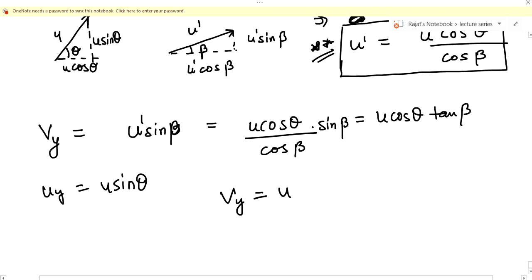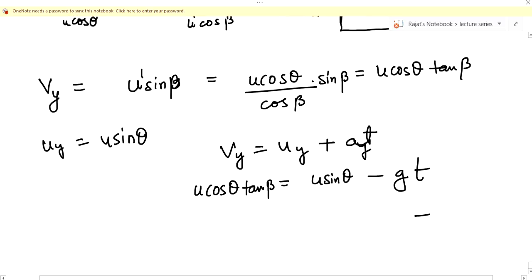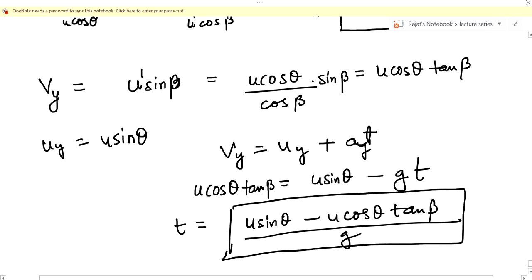Vy is equal to Uy plus Ay t. So u cos theta tan beta is equal to u sine theta minus g into t. So from here t is equal to u sine theta minus u cos theta tan beta upon g. So you can also find the time after which the projectile makes an angle of beta with the horizontal. Very simple.